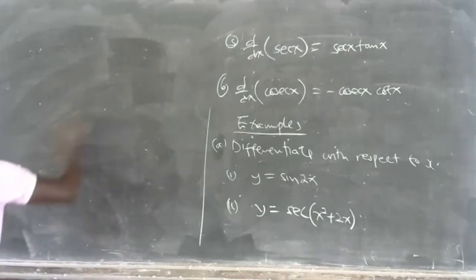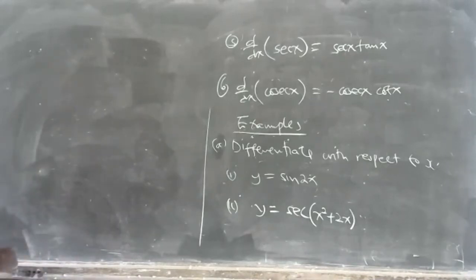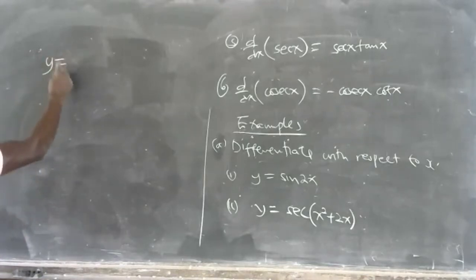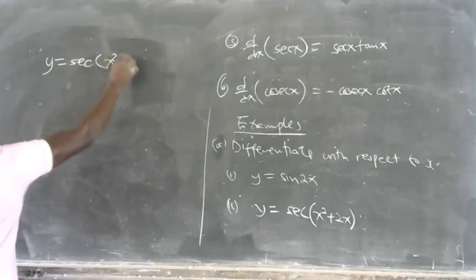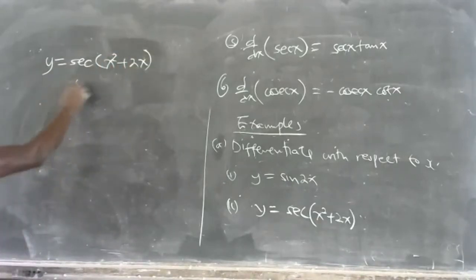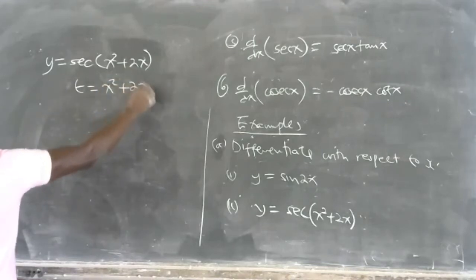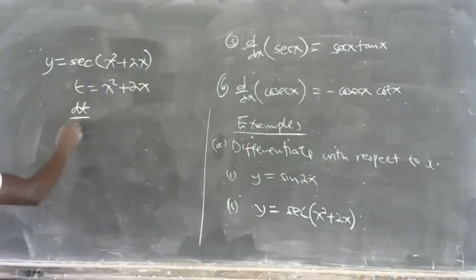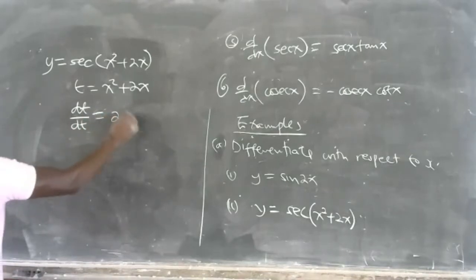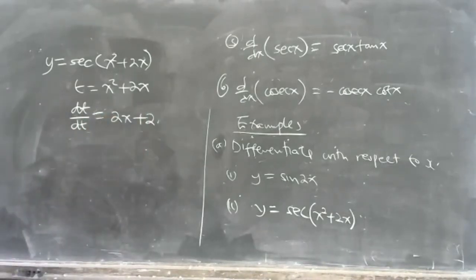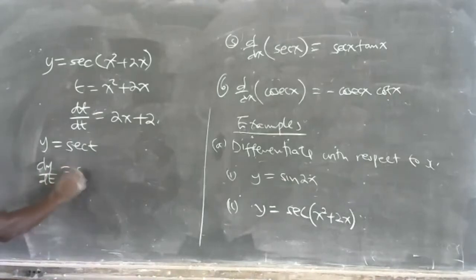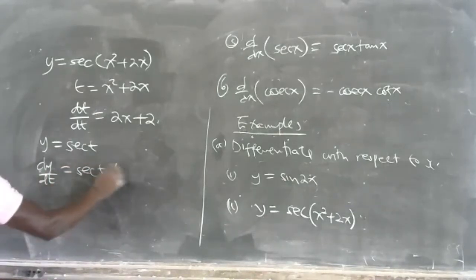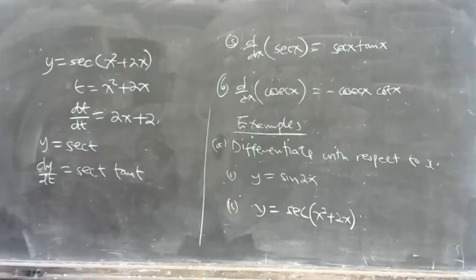Let's work out the question. Have y given by sec of x squared plus 2x, and let t be x squared plus 2x. Then y becomes sec of t. The dy/dt will be sec t tan t.